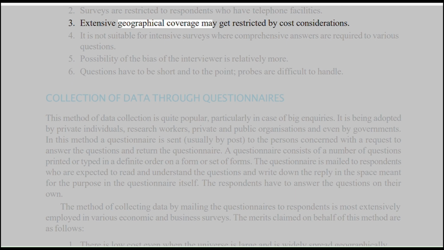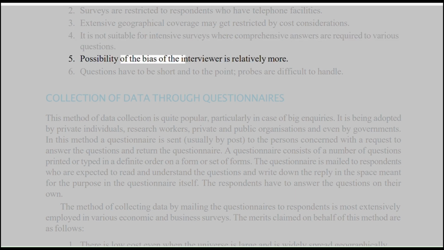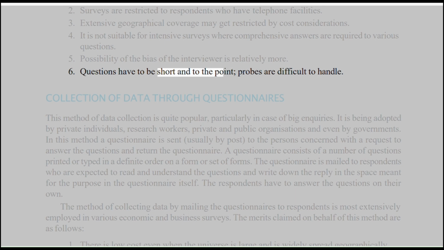Extensive geographical coverage may get restricted by cost considerations. 4. It is not suitable for intensive surveys where comprehensive answers are required to various questions. 5. Possibility of the bias of the interviewer is relatively more. 6. Questions have to be short and to the point. Probes are difficult to handle.